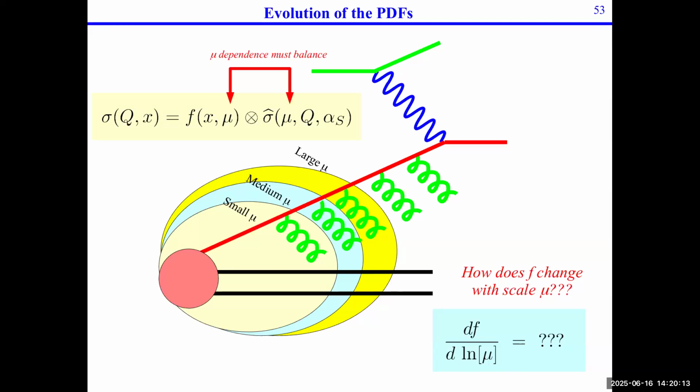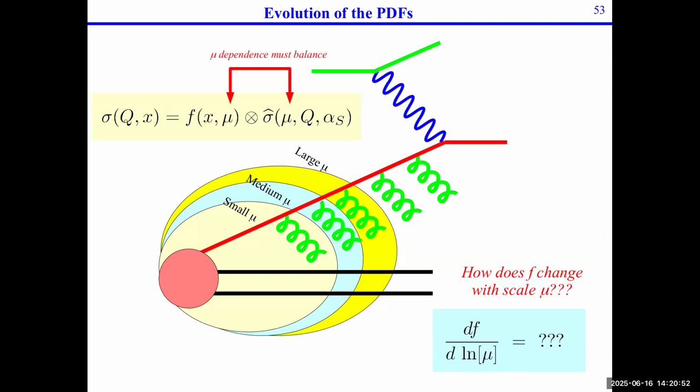And so what you see here is that the two quantities on the right-hand side, they both depend on mu, but the left-hand side is independent of mu. And what that means is this is going to be measured by experiment. They give me a number, but the way I divide up my calculation should not depend; CDF or ATLAS shouldn't get a different number if I do my calculation in a different way. But you can see here in the cartoon, if I pick a large scale, okay, so this is a high energy, and then I'm going to absorb all this junk into my proton, or medium scale, I'll put that gluon out and absorb this in, or small scale.